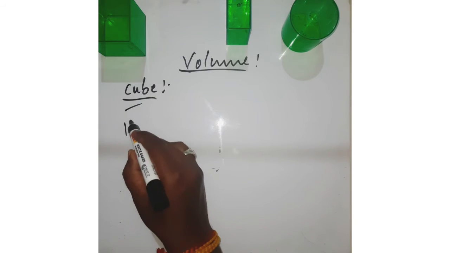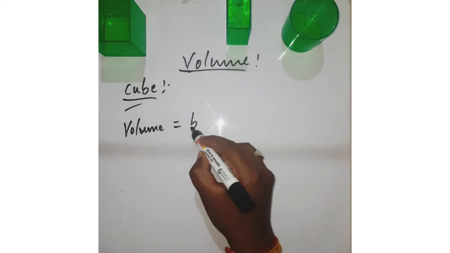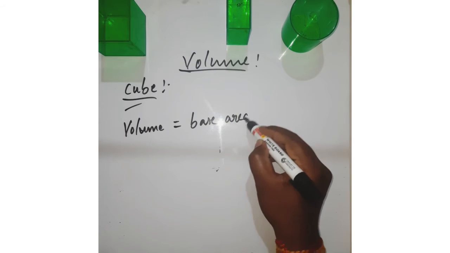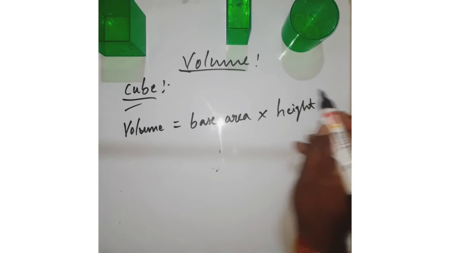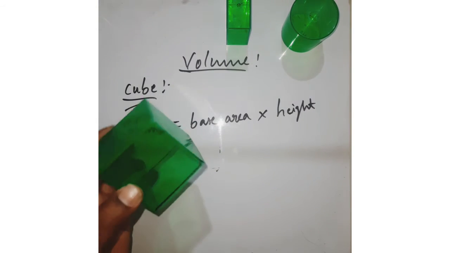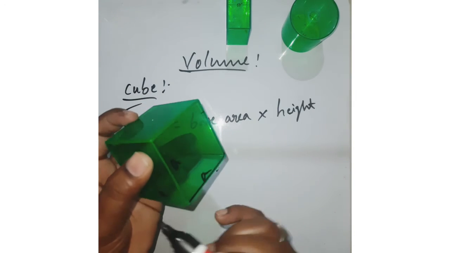So here, volume can be defined as base area into height, right? So what is its base area? If I take its side as a units, all the sides are a units.